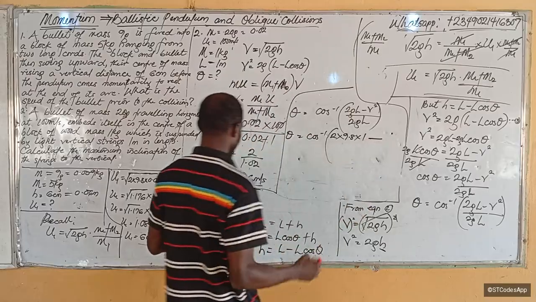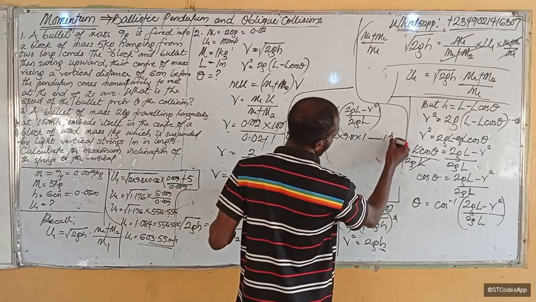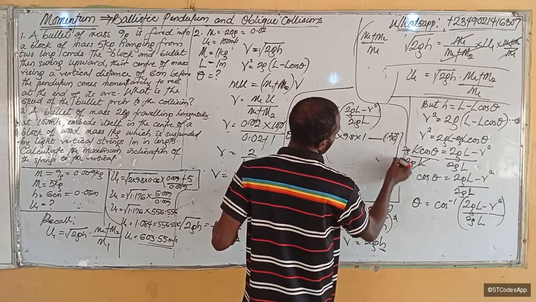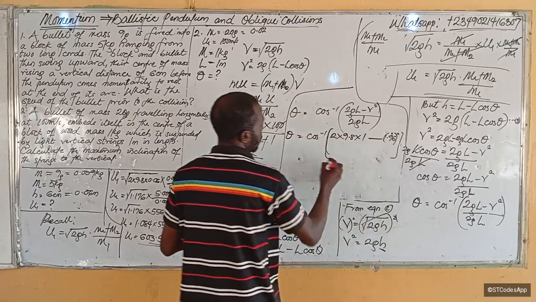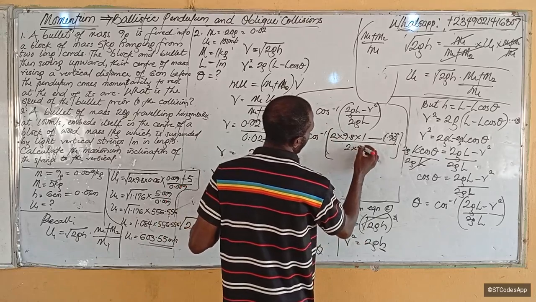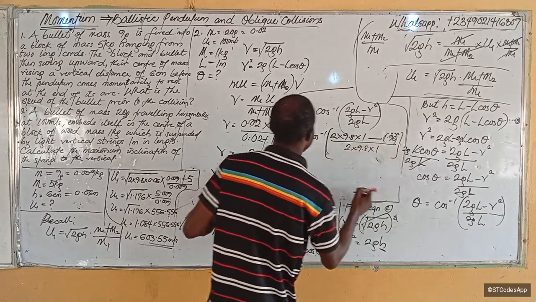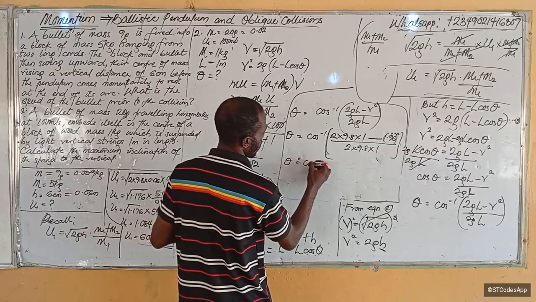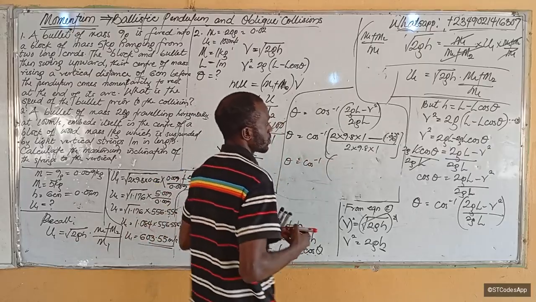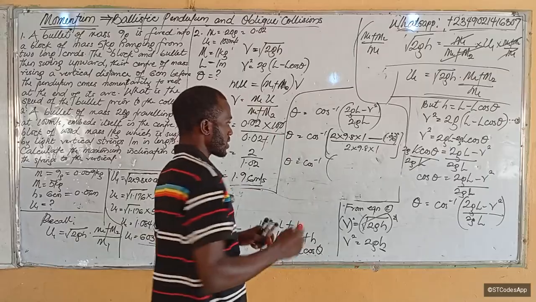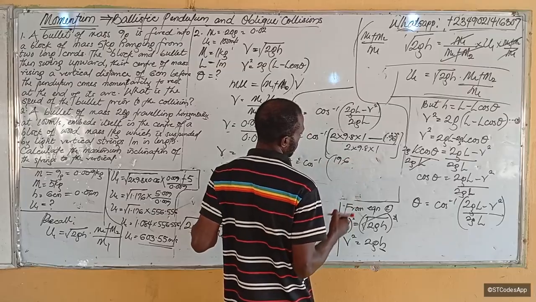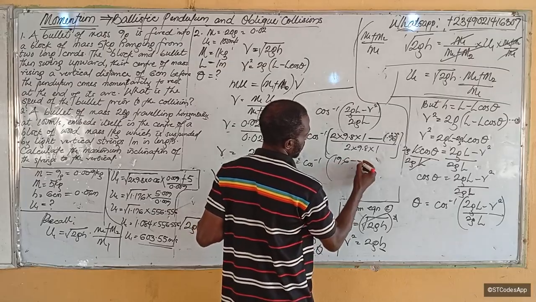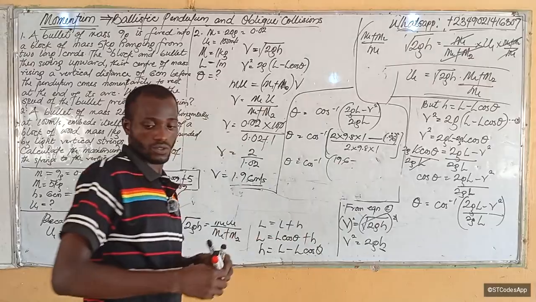Then minus v squared, which is this guy, 1.96 squared, over 2 times 9.8 times 1. So theta becomes the cos inverse of 2 times 9.8, that is 19.6 times 1. 19.6 minus 1.96 squared.